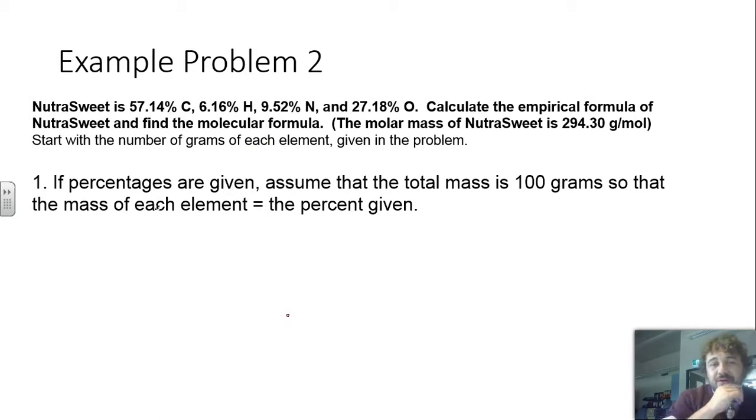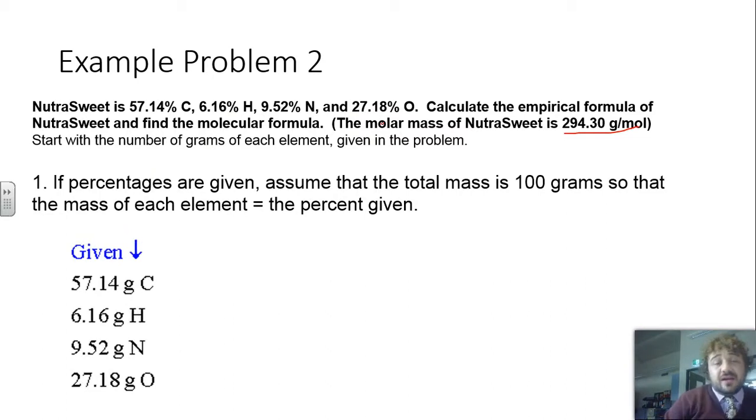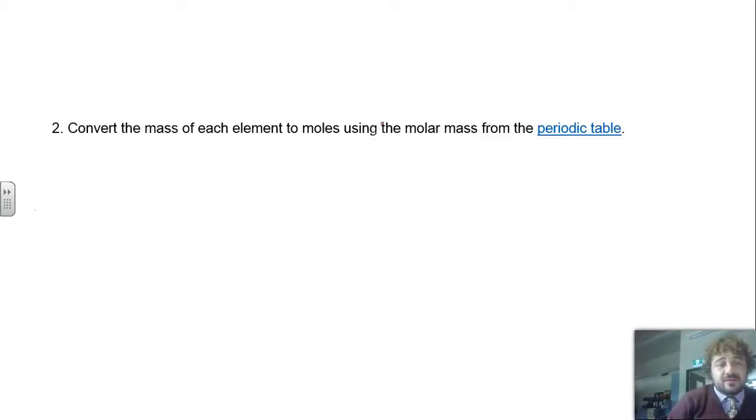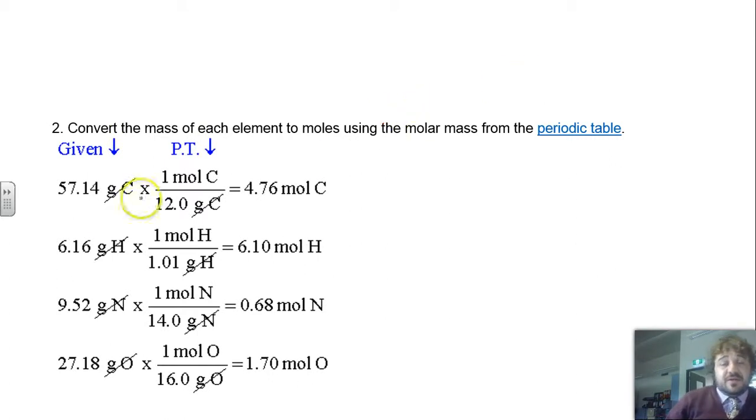Alright, problem 2. Now we're going to need to know this further down the road. We'll be given percentages here, so let's make each one of those out of 100 grams, and there we go, straightforward. This is NutraSweet. So we've got our givens. Now we convert the mass to moles, same deal using the periodic table.